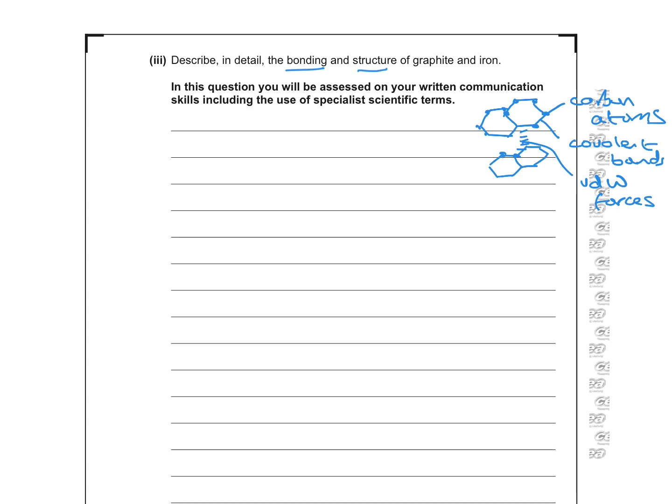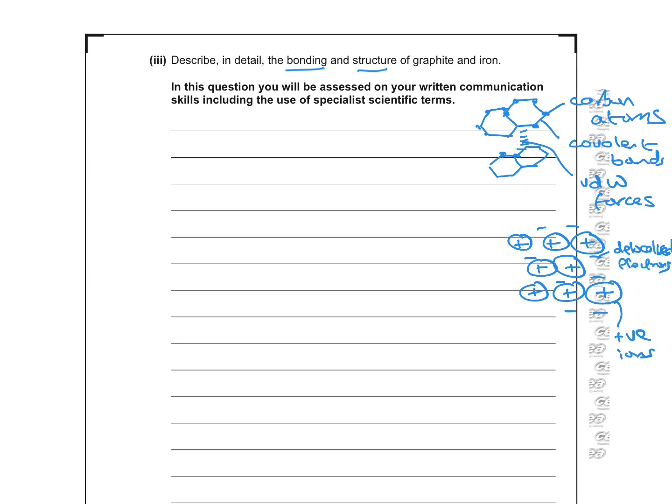Iron is a metal, so it is going to have metallic bonding. And the diagram we use for metallic bonding is typically this. So you've got your positive ions, and then you've got your delocalized electrons. So now we need to transfer that information into the question.